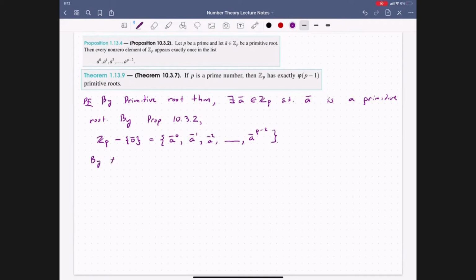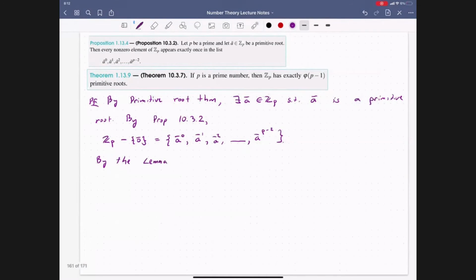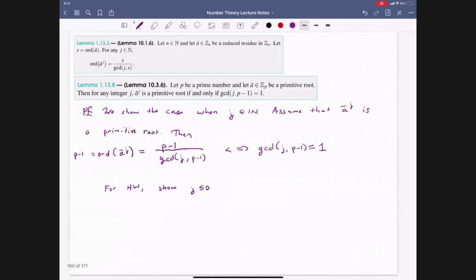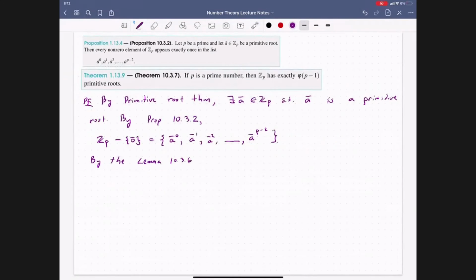By the lemma that we just proved, and so this is lemma 10.3.6, we have that a bar to the j is a primitive root if and only if the GCD of j and p minus 1 is equal to 1.